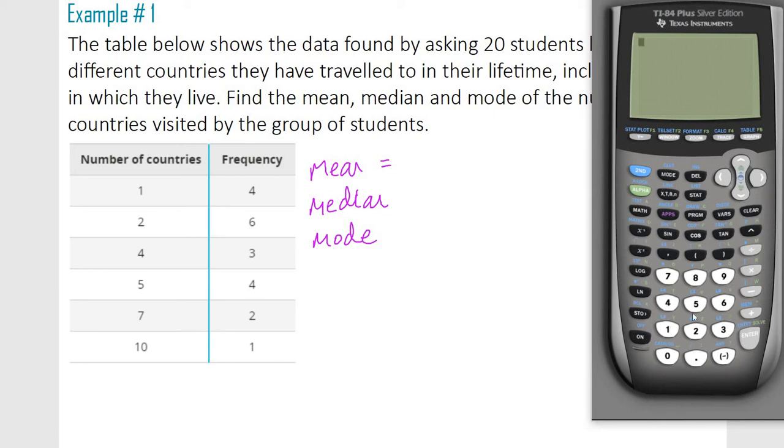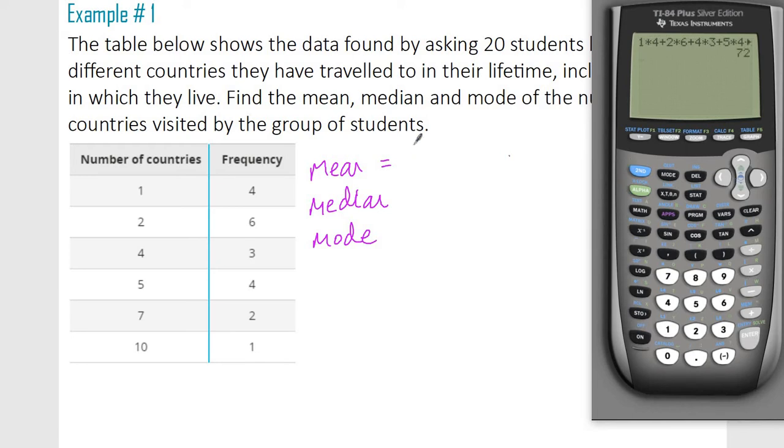So the average. So 1 happened 4 times. So 1 times 4 plus 2 happened 6 times plus 4 happened 3 times, plus 5 happened 4 times, plus 7 happened 2 times, plus 10 happened once.